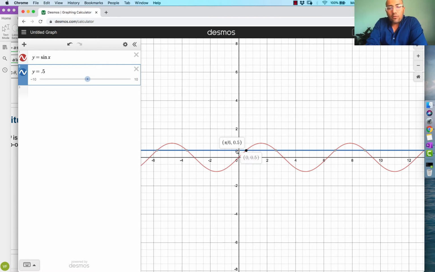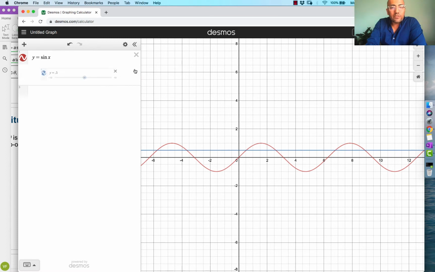But if we want to go backwards, what is the angle such that sine of that angle equals 0.5? Well, there are lots of angles. There's this one, but there's also that one, and that one, and that one. So there's an infinite number of angles such that sine of that angle equals 0.5.